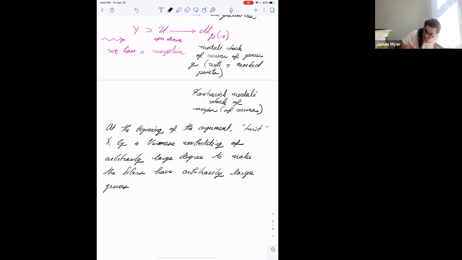So you can make the genus as large as you like. In particular, you can make the genus greater than or equal to 2.